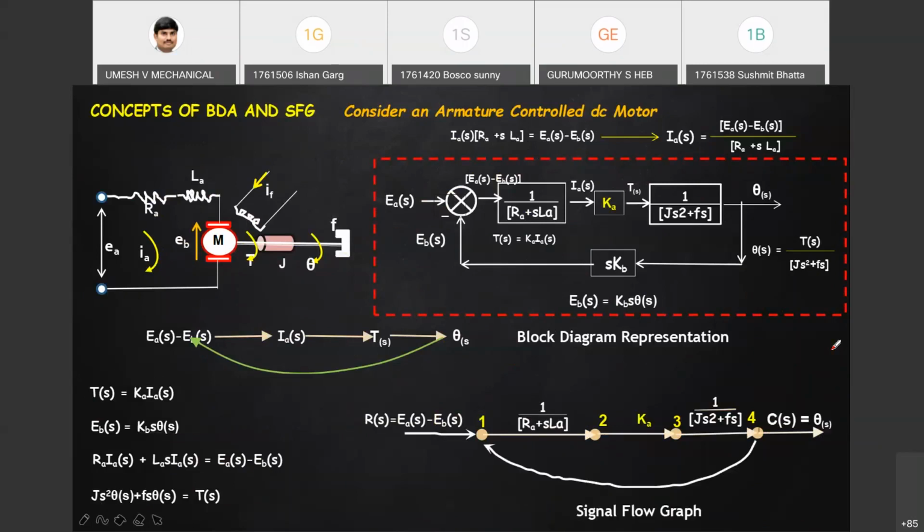Just to first have a mind map of identifying what should be the input, what should be the final output, and how these blocks are to be arranged based on the output of each particular loop. Starting with EA minus EB, you get current. From current, you have to arrive at torque. From torque, you have to arrive at the next quantity, in the sequence. Then you have to join, depending upon the direction of signal flow.